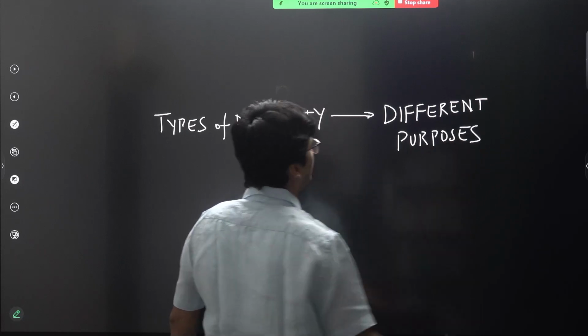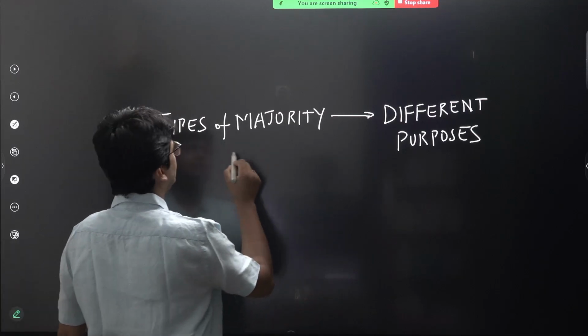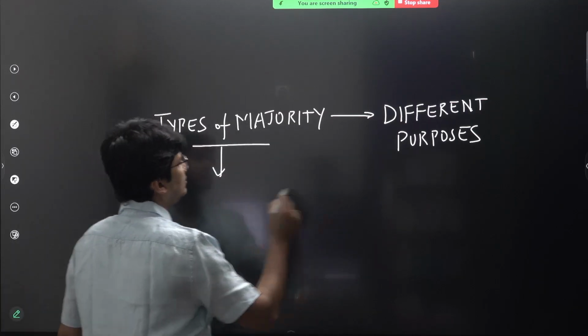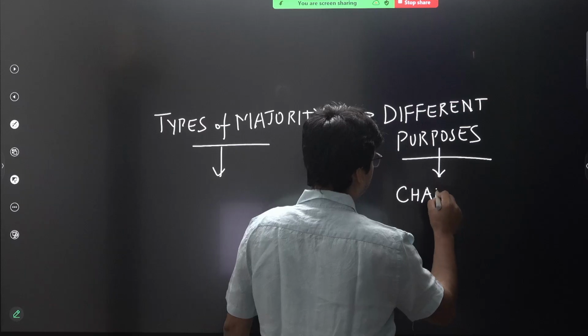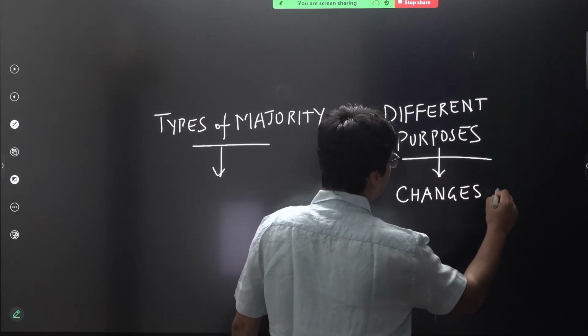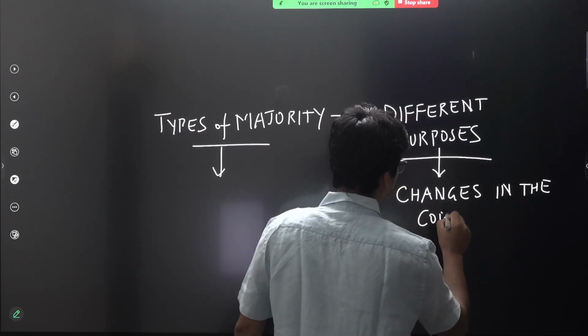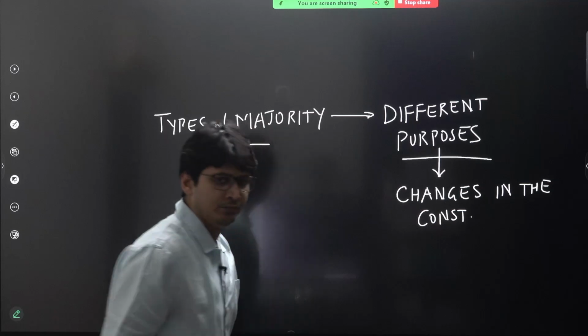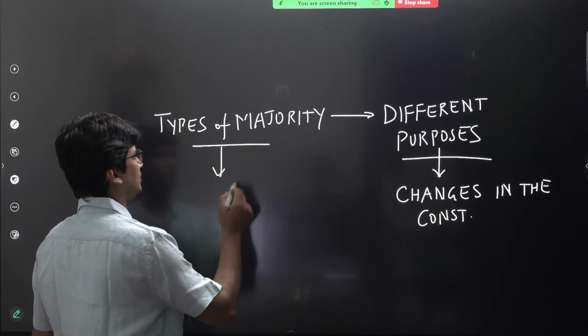As I've told you, one purpose is to amend the Constitution. So these purposes are basically to make changes, either in the Constitution, that is amendment, or different provisions are provided in the Constitution for other purposes.